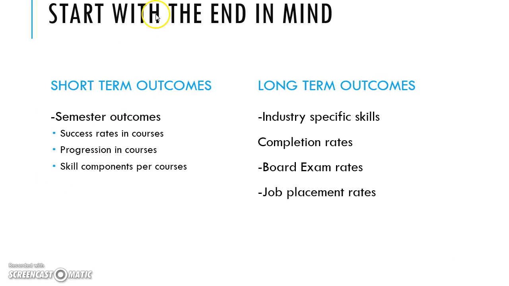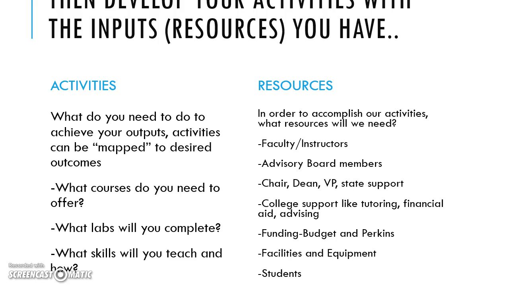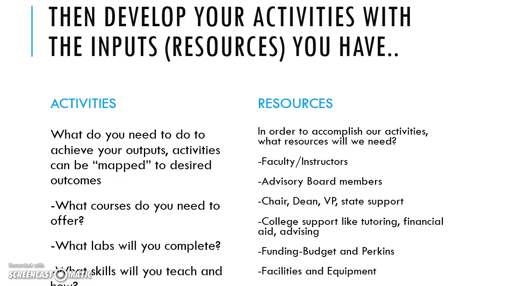So again, starting with the end in mind, if you look at long-term outcomes and short-term outcomes, industry-specific skills, completion rate, board exam, job placement rates, those are things that you desire, specific behaviors and skills. You can break that down into what skills and knowledge you want students to have in the short term. And then you can develop your activities with the resources that you have. So things like you have credentialed faculty and certain instructors that you bring on board, your advisory board members.